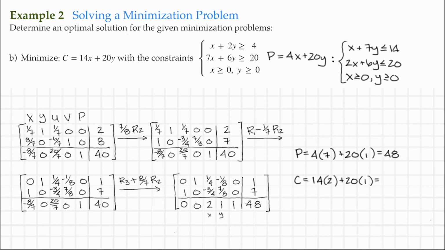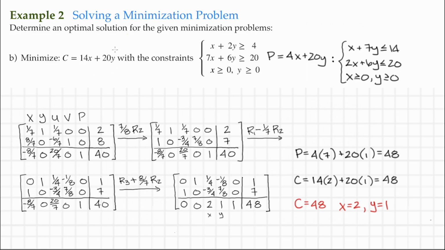And then, of course, is equal to 48. 14 times 2 is 28, and 20 times 1 is 20, and 28 and 20 is 48. So the solution is c is equal to 48, and that's when x is equal to 2, and y is equal to 1.